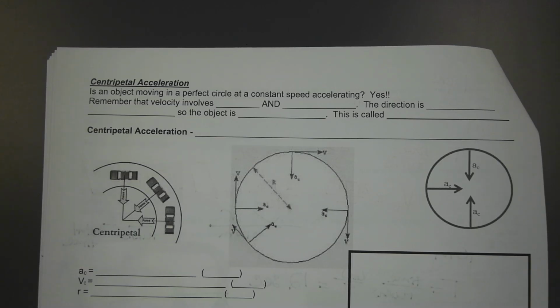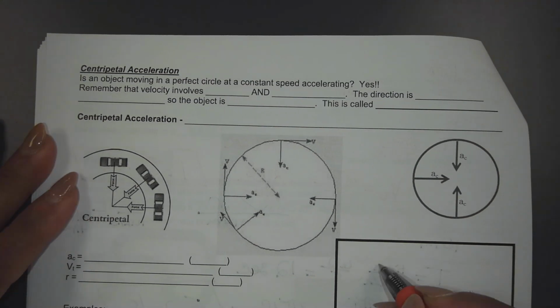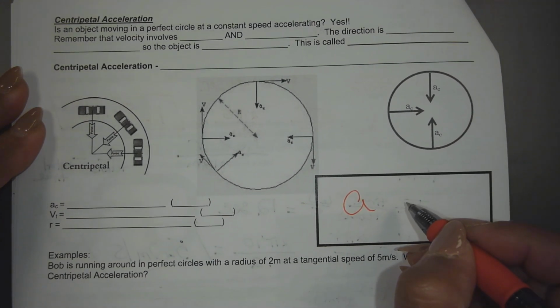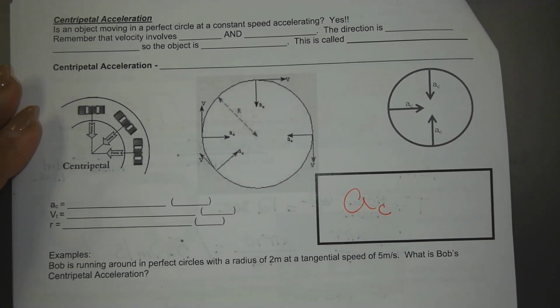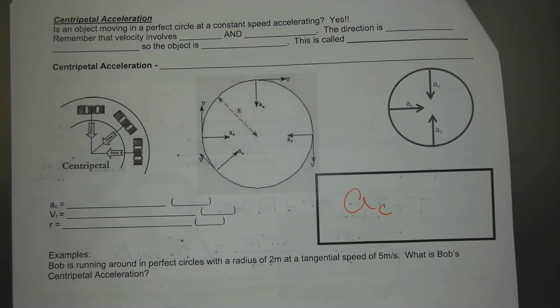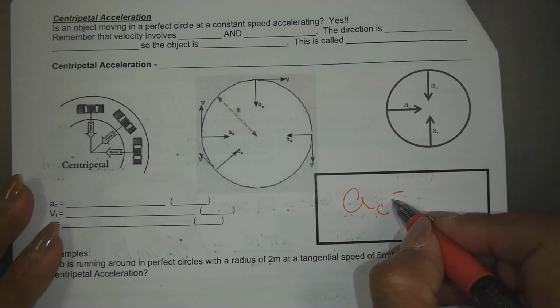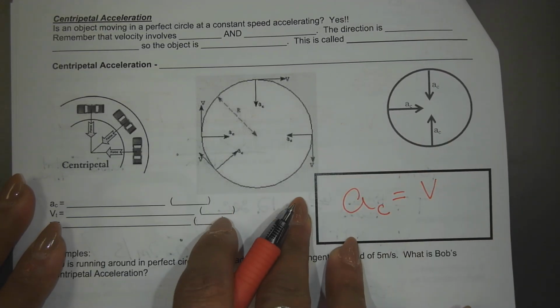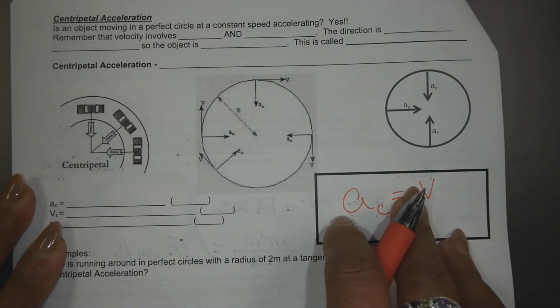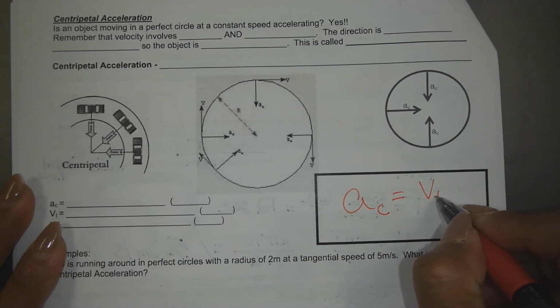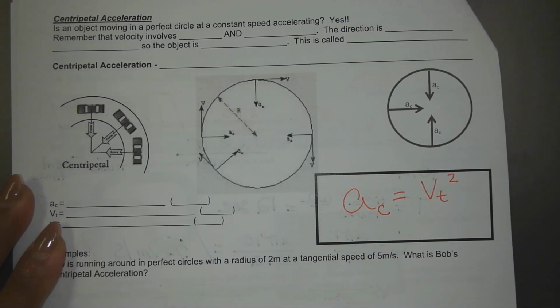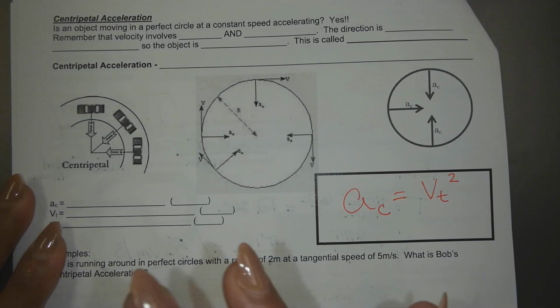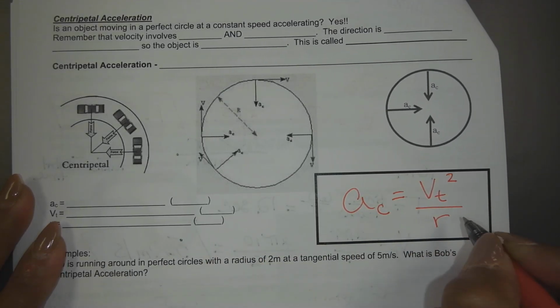I pronounce it as centripetal. Remember, acceleration had a lowercase a, but we're going to put a little c because that stands for it moving in a circle. Equals velocity. Remember, it was the change in velocity, but here it's tangent velocity squared. Okay? A little different. Divided by r.